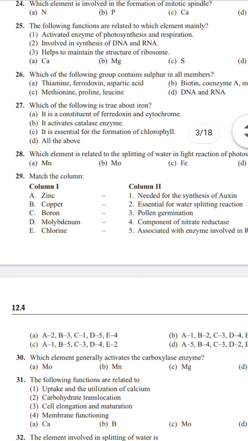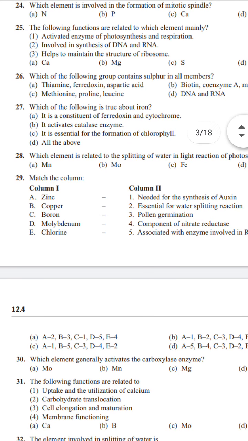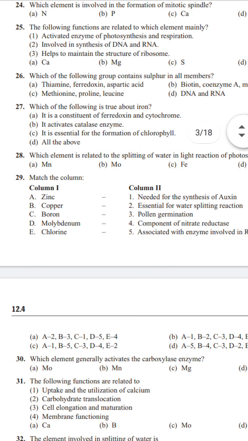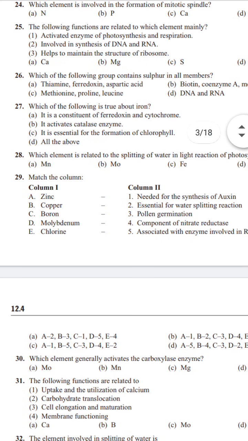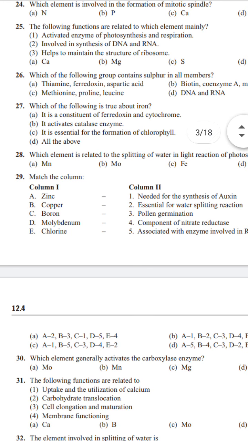Next, matching type, column 1 and column 2. Zinc, copper, iron, molybdenum and chlorine. With respect to their role we should find the match in column 2. Now let us see the correct option for this question. The correct option is option C. A is matching with 1. It means zinc needed for the synthesis of oxygen.